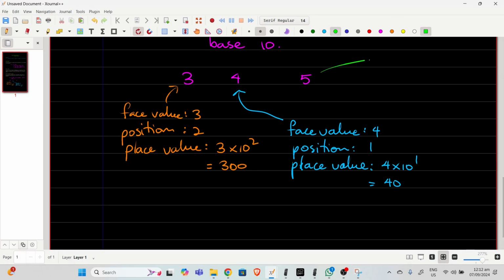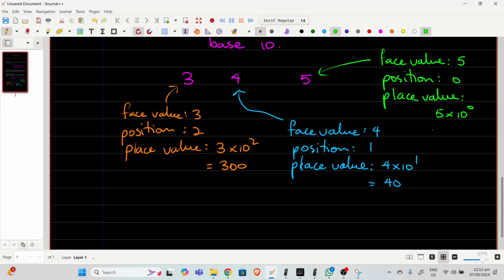And the 5, which is this one over here, has a face value of 5, a position of 0, and a place value of 5 times 10 to the 0 power, which is equal to 5. And this gives us the value 345 here, right?